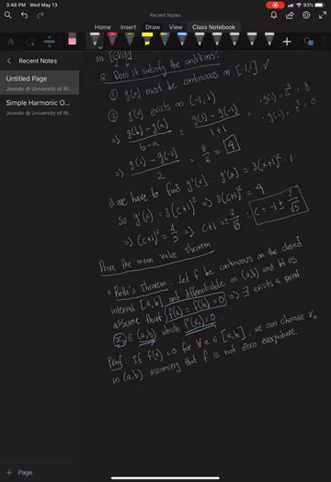So if f prime of x naught is 0, we have a critical point, right? Here we have to realize that when f prime of x naught equals 0, this means we have a critical point.